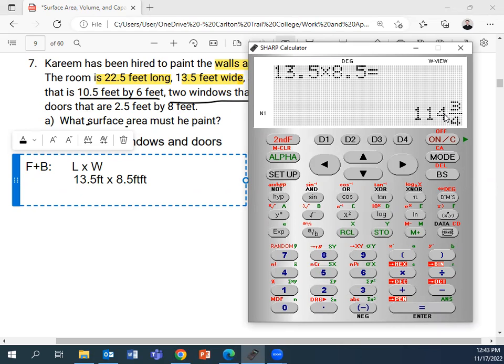Do you guys get this on your calculator? How do I turn you into a decimal? Bear with me one second while I figure this out on this calculator. SD. Is it SD? Okay, let's take a look then. Where's my SD?